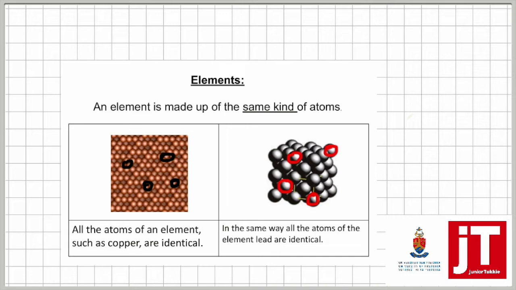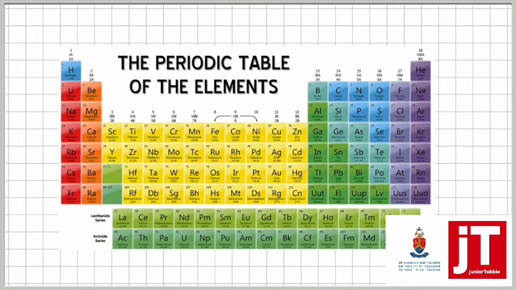Last time we touched on the periodic table. Let's go back to the periodic table to discuss this very important tool that scientists have for arranging the elements in a way that we can predict their behavior. This, as you know, is known as the periodic table of the elements.